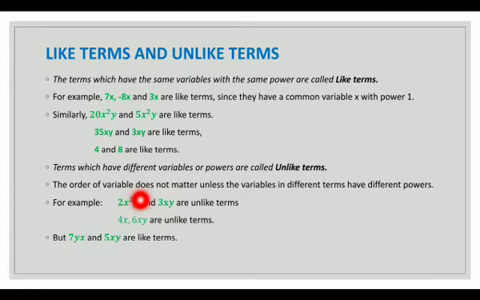So the power is different, so they are unlike terms. 4x and 3xy, here 4x does not have a y variable, so these terms are unlike terms. But 7yx and 5xy are like terms, as yx and xy are similar terms. The order may be different, but the variables are the same, so they are called like terms.